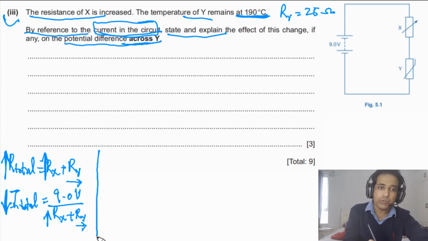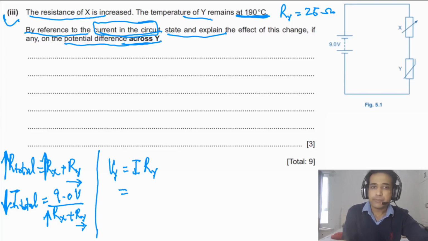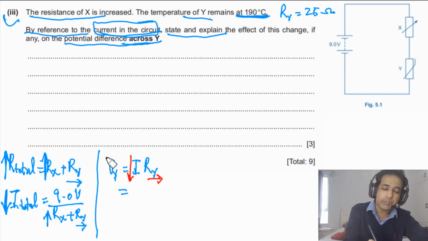Now if I total decreases, what is the effect on Vy? Vy is equal to I times the resistance of Y, and in this case Ry is constant, so if current decreases, it means that Vy will decrease. If Vy decreases, what is the effect on Vx?